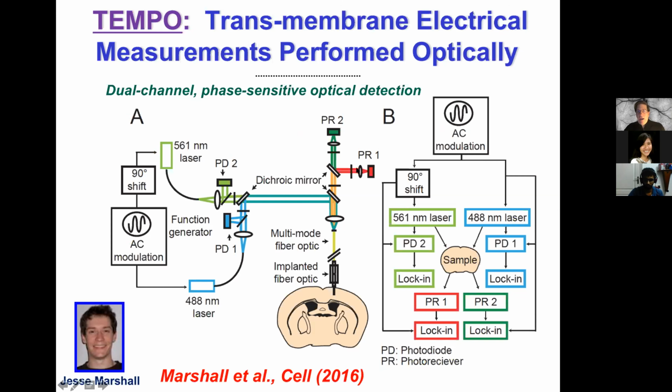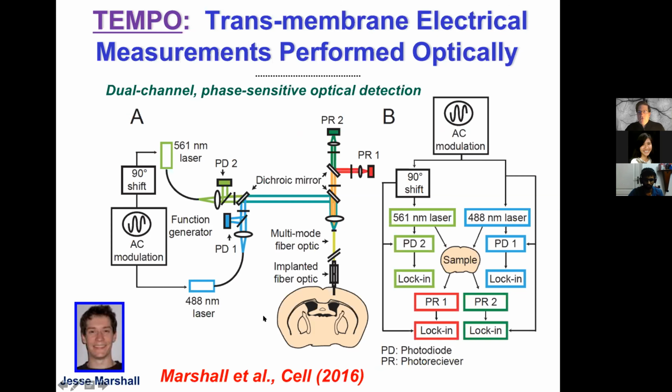And the schematic of his apparatus is shown here. He essentially used a reference fluorophore that could be engineered into the tissue to track hemodynamic effects and brain motion that would lead to artifacts in a voltage imaging experiment, as well as another channel for tracking the genetically encoded voltage indicator.